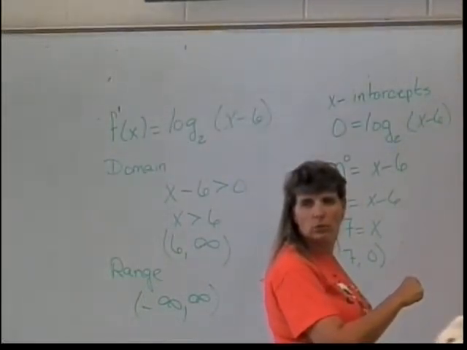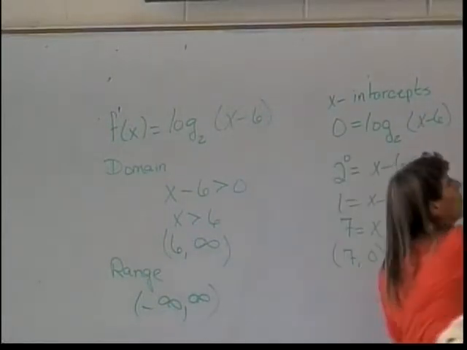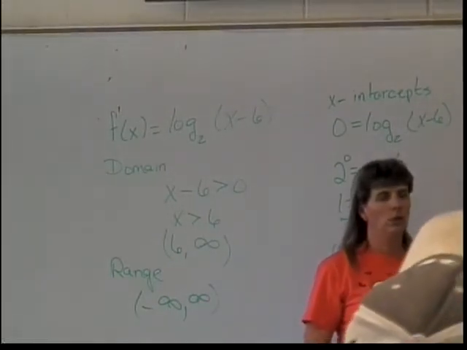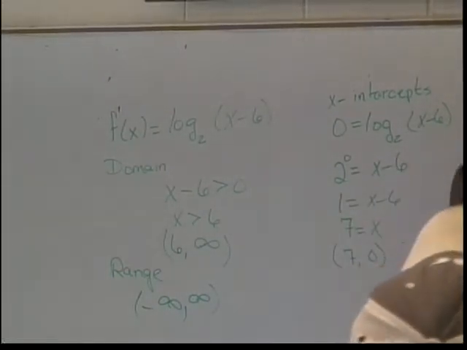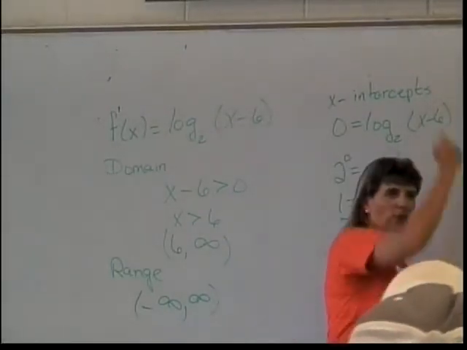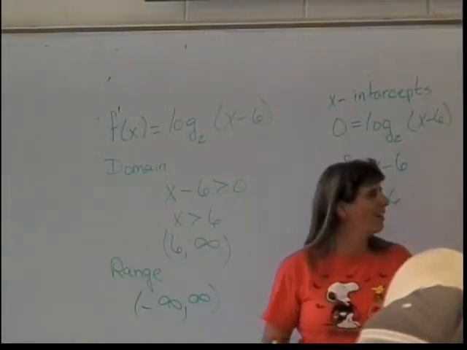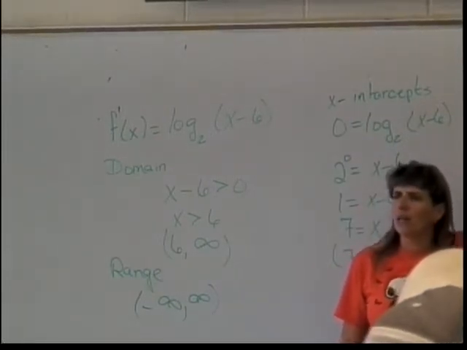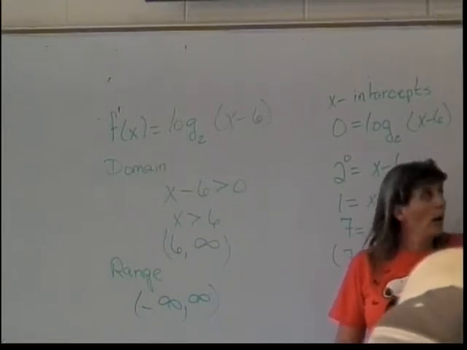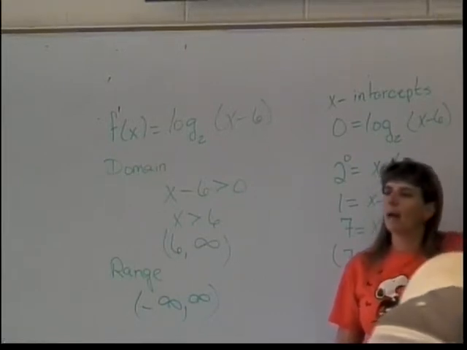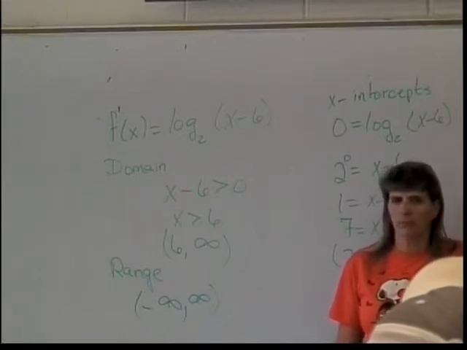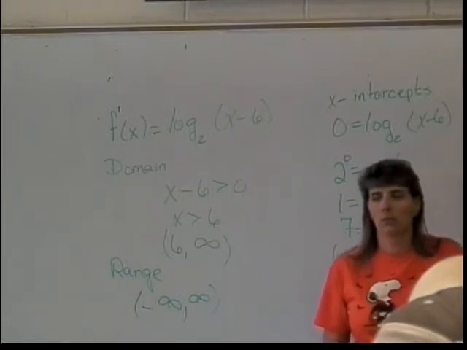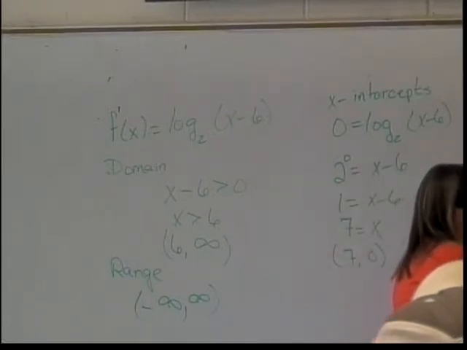Log base 2 of x minus 6 is the power you have to raise 2 to. Every one of these basic logarithmic functions never crossed over the y-axis. The y-axis was its vertical asymptote. How do I indicate the y-axis as a vertical asymptote? x equals 0, right?